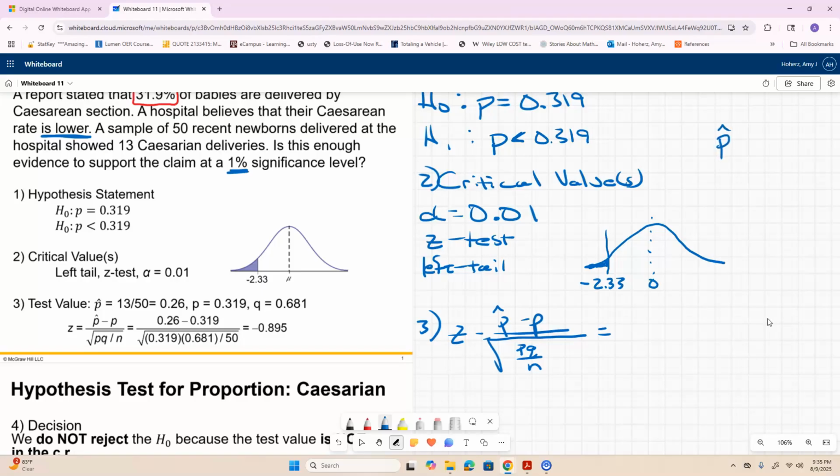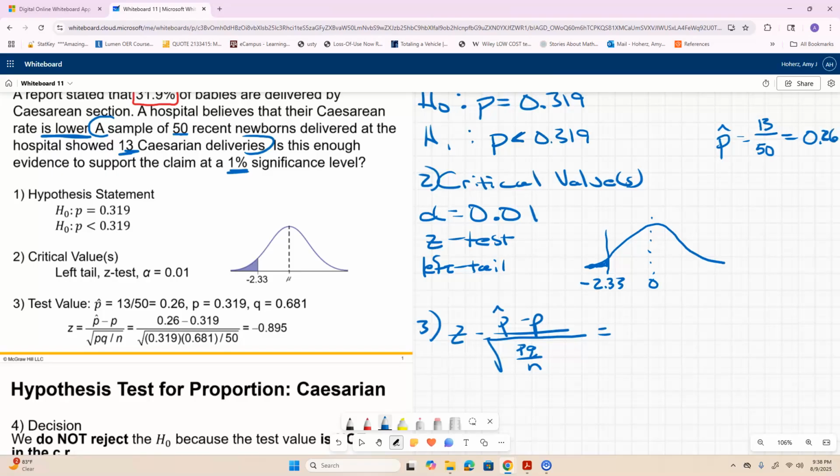So p hat is how many in our sample met the criterion. So there were 13 cesareans out of 50. Again, some of you might be able to compute that in your head, but if you can't, don't worry about it. Just calculate it. 13 out of 50 would be the same as 26 out of 100.